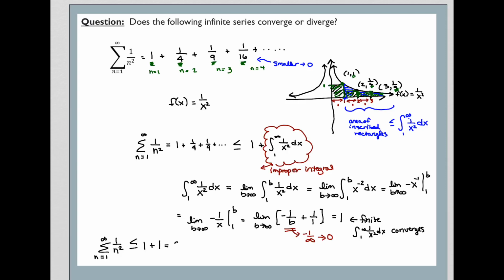That means the infinite series n equals 1 to infinity of 1 over n squared is less than or equal to a finite number, 2. That means it's bounded above, and because it is bounded above by a finite real number, this series converges.